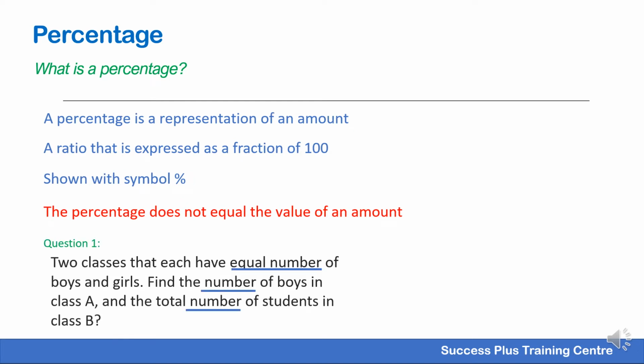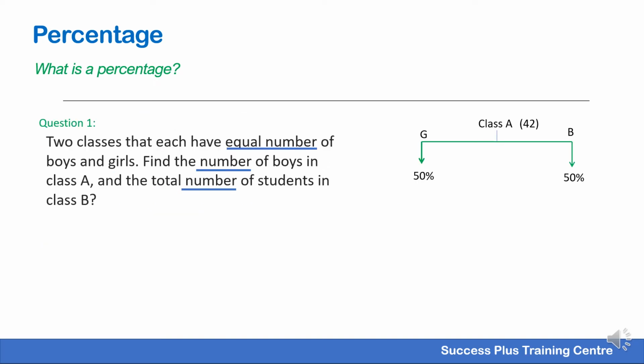Let's explain this point in more detail using the question below. Two classes each have an equal number of boys and girls. Find the number of boys in Class A and the total number of students in Class B. Starting with Class A, when we say the number of boys equals the number of girls, this means the representation of the boys in Class A equals the representation of girls in the same class.